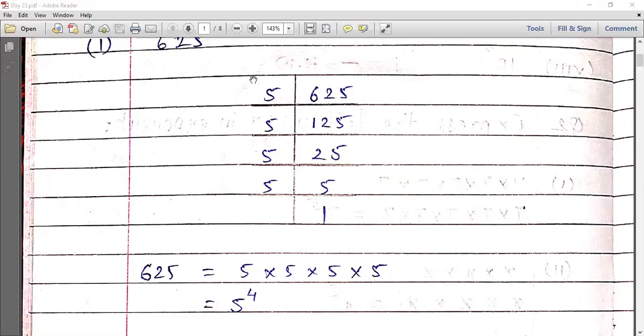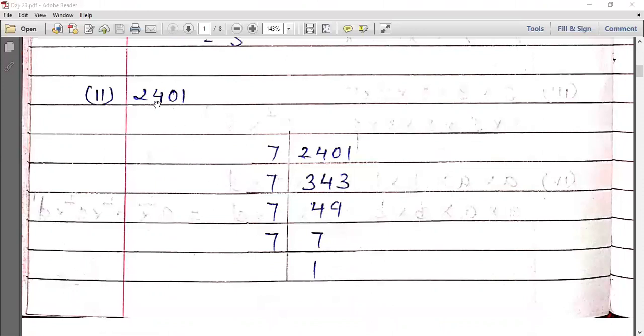This method we have studied in previous classes. So 625 has 5 four times. So I can write 625 as 5 into 5 into 5 into 5. Here 5 is repeated 4 times. I will write it as 5 raised to 4.